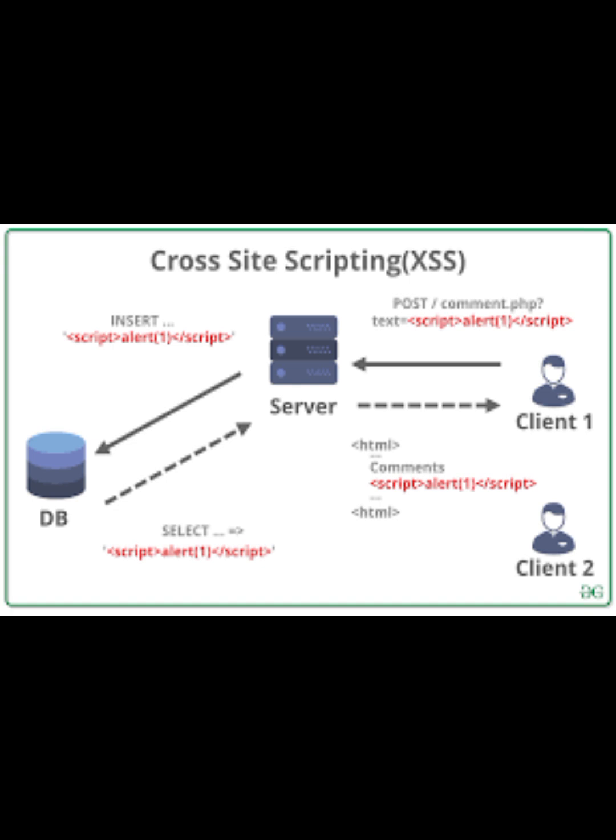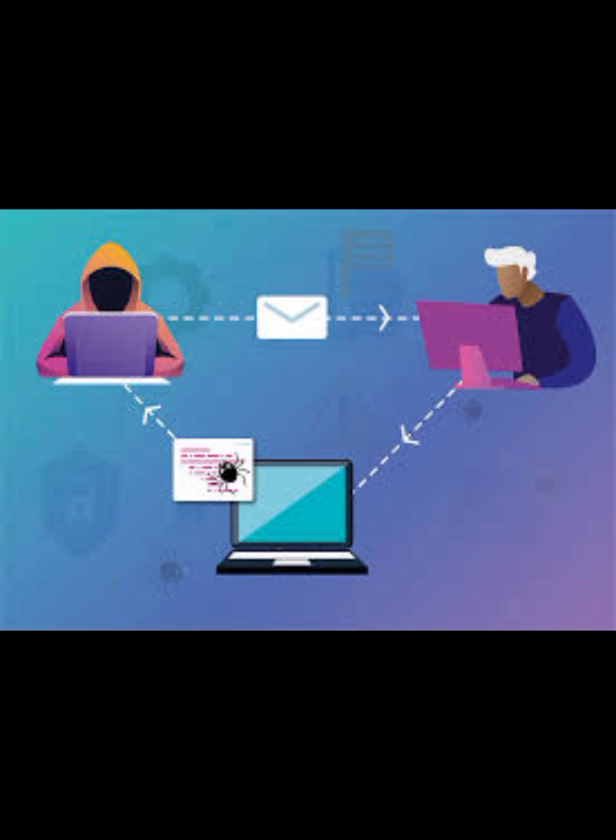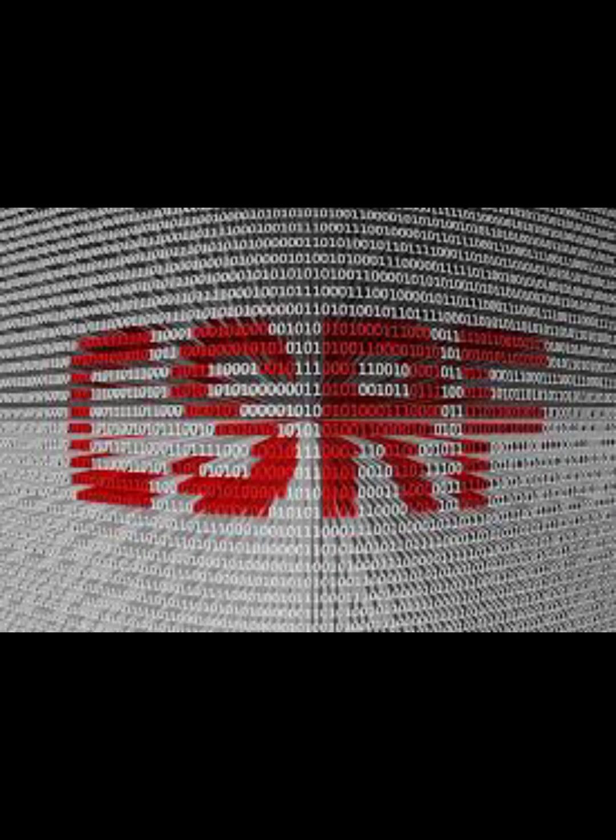Moving on, let's explore two often interconnected vulnerabilities, cross-site scripting and cross-site request forgery. These threats are particularly dangerous for web applications. To better understand, picture web applications that allow users to post comments.